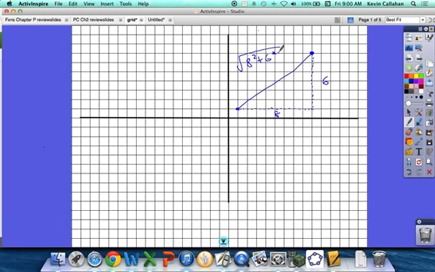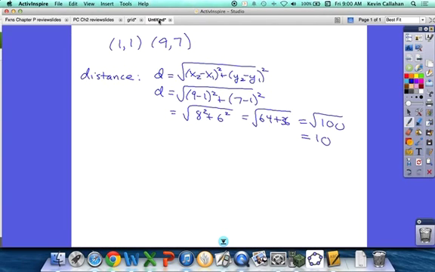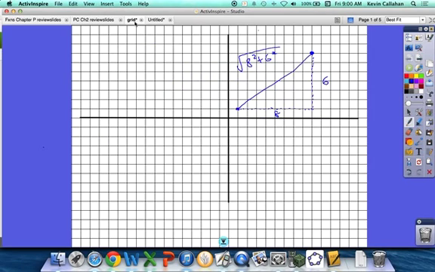Okay, the other part of that was, how do you find the midpoint? Right, and what do we mean by the midpoint? We mean if you connect these two with a segment, then somewhere in there is exactly halfway between those 2 points.